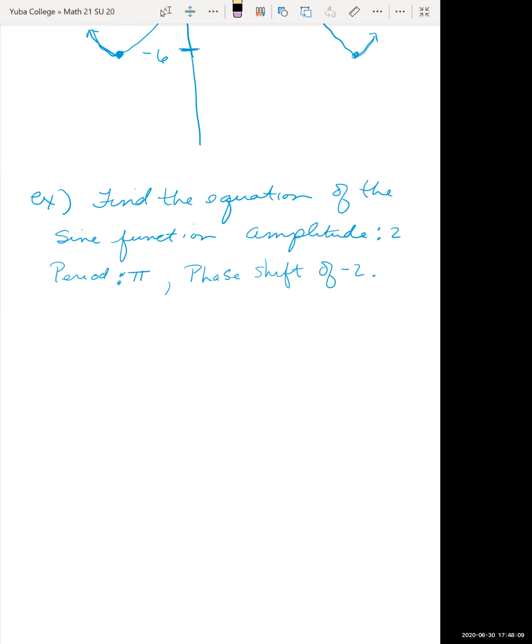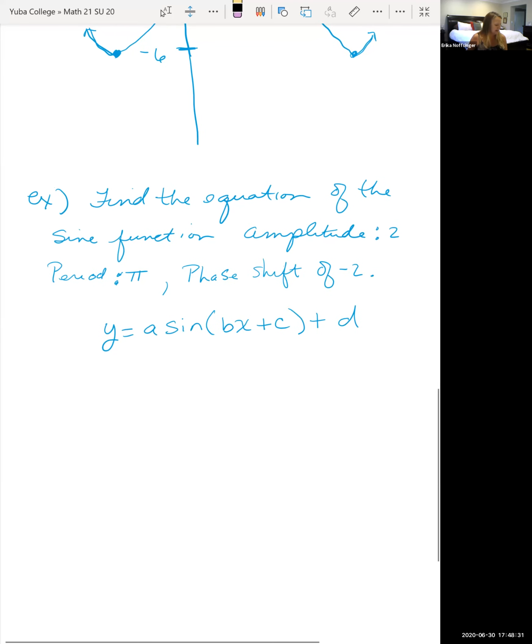So finding the equation. We know that it's in this form: y equals A sine of (Bx plus C) plus D outside the parentheses. Phase shift is -2. I noticed that it doesn't tell me anything about a vertical shift, so there's no vertical shift.